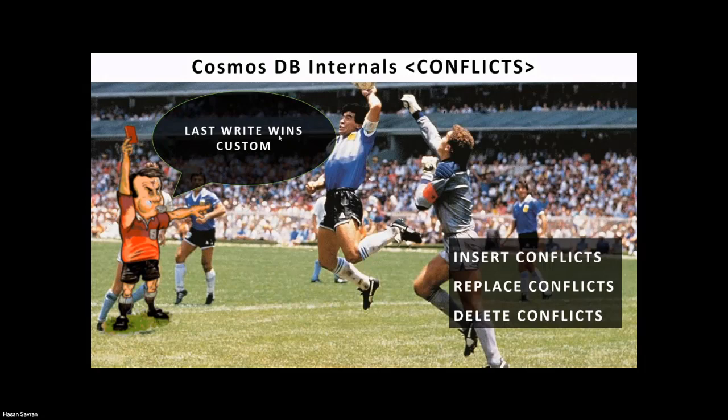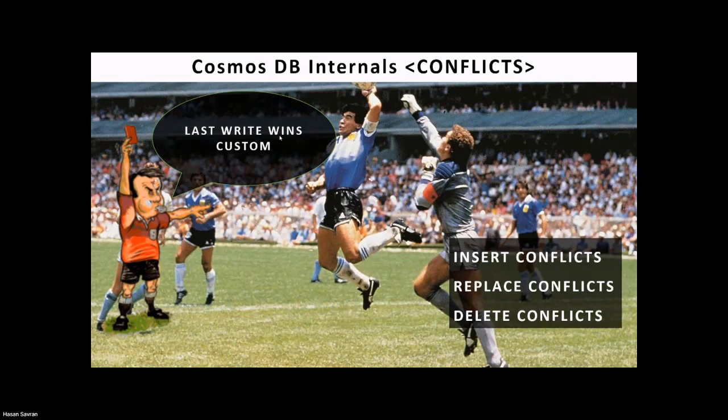So if we have two users, one in the United States and one in Asia, and they insert the same exact data, we have some internal columns in every document, and one of them is underscore TS, which is for timestamps. So Cosmos DB is going to look at which one is the last one, and that one is going to win. And the older one is just going to be deleted. So if you don't change anything, that's going to be your default conflict resolution.